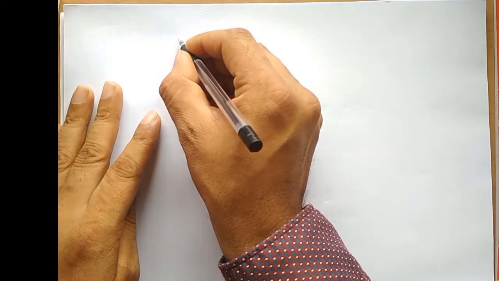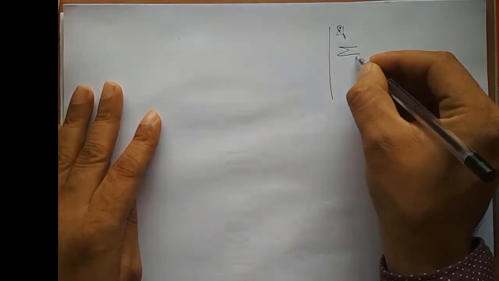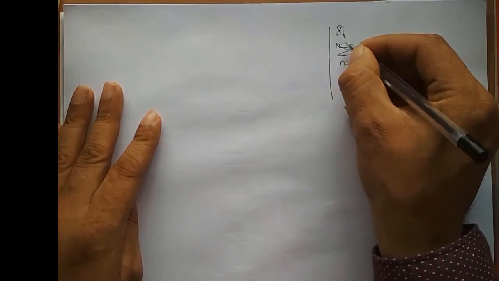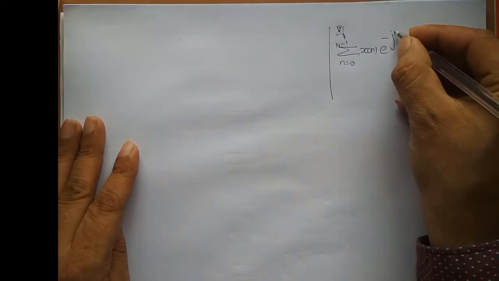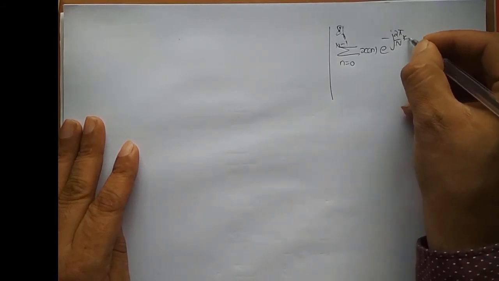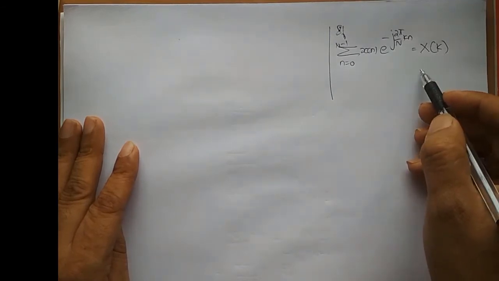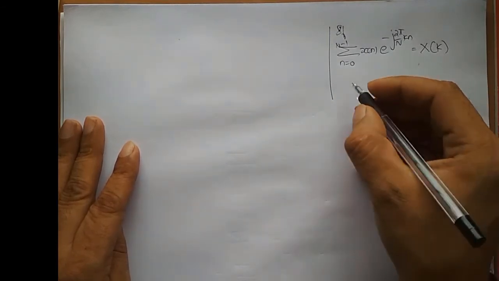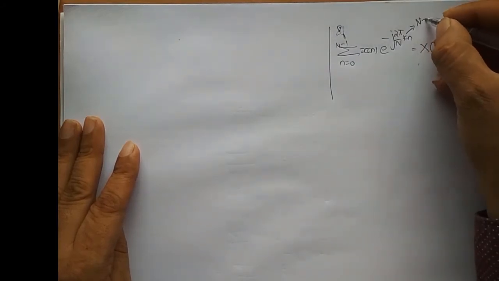Before going to the next step, see, summation n varying from 0 to n minus 1 x of n e power minus j 2 pi by n into k into n is equal to X of k, right? This we know from the DFT equation. So instead of writing this k, I'll write it as n minus k.